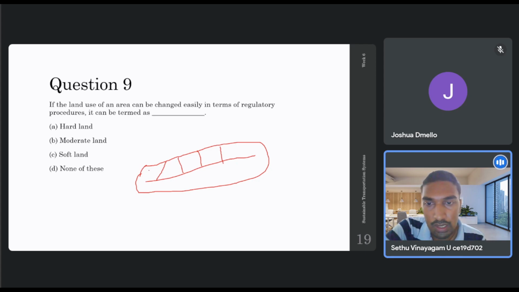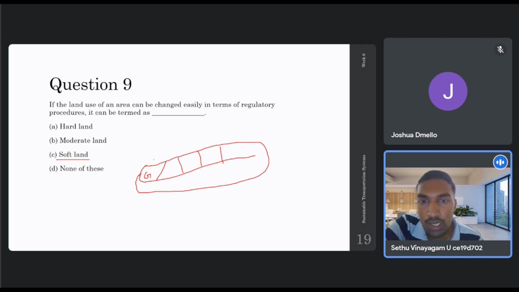If it is a government property, and we are also doing a government project, such as metro systems and other transportation systems developed by the government as public property, then those lands can be easily acquired and used for developing this transit system. So it is easier to change them. Those kinds of areas are called soft land, because it is easy to change the land use for the purpose of transit development.